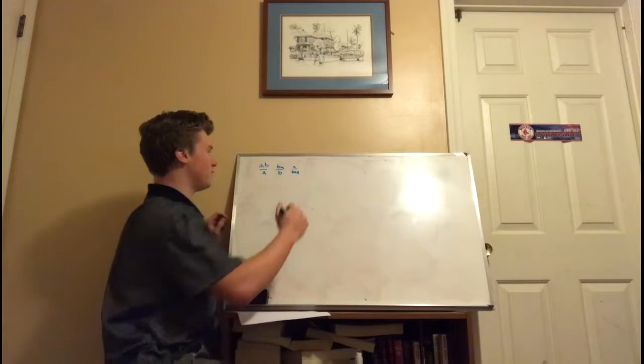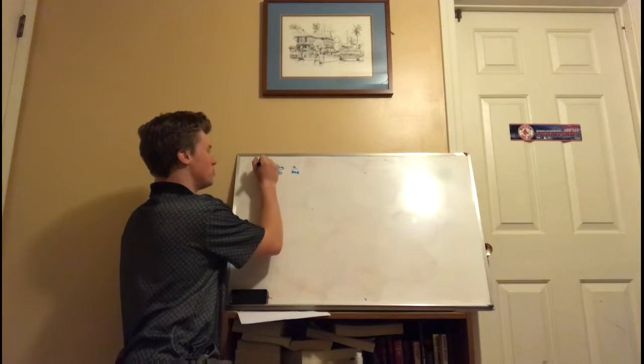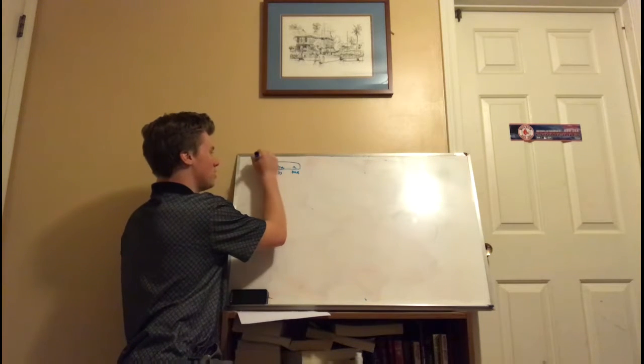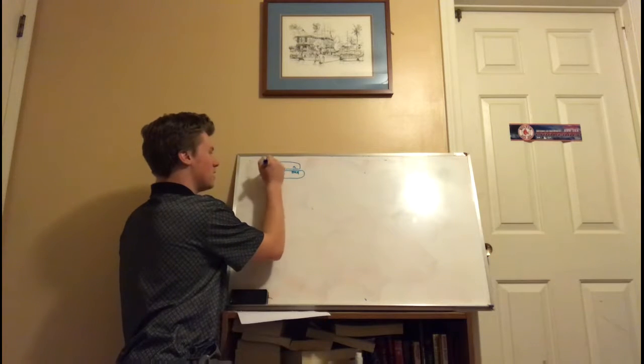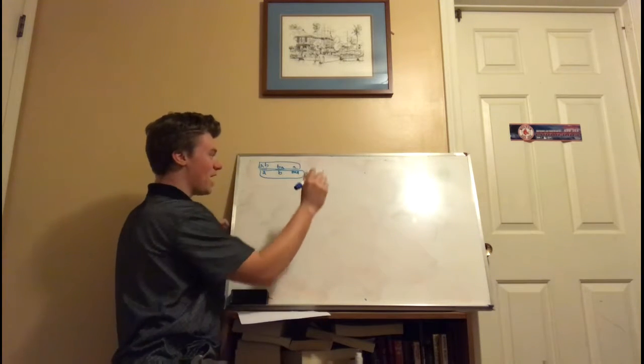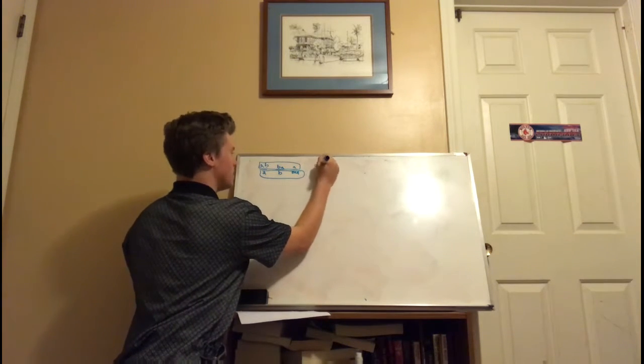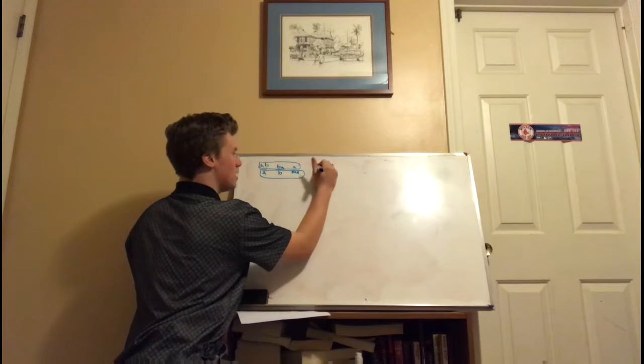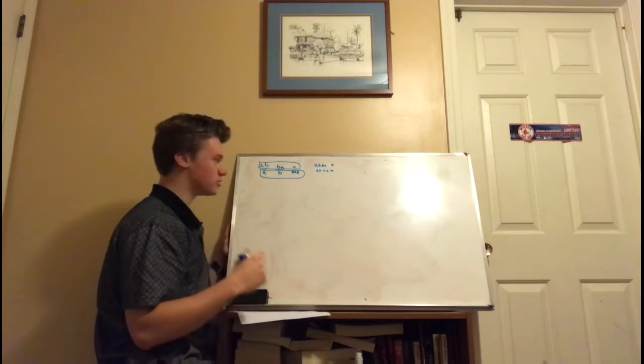And luckily for us, if you do the top and the bottom, and they cancel out, it's a match. So the top is A, B, B, A, and this is A, B, B, A, A. So that would be a match.